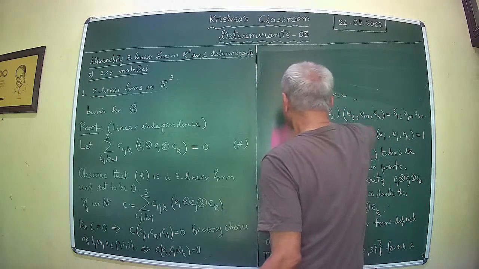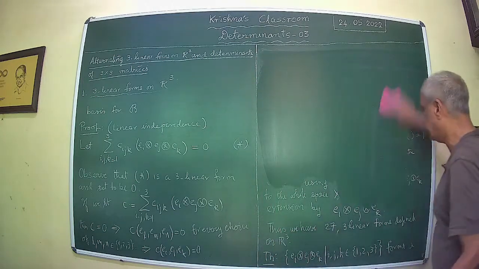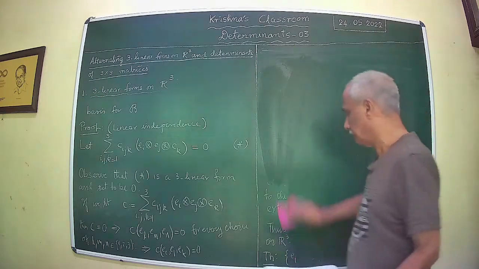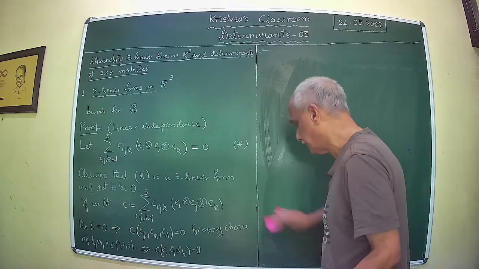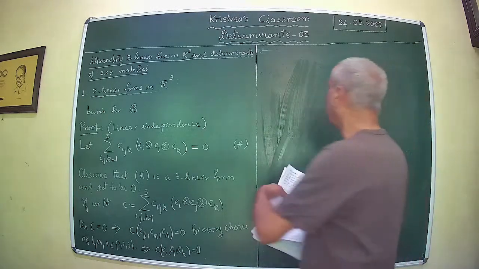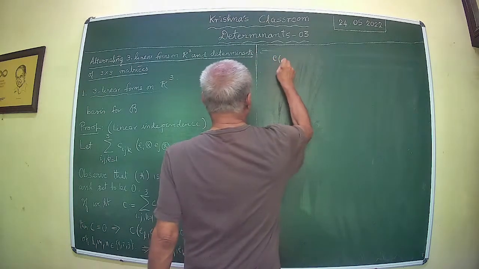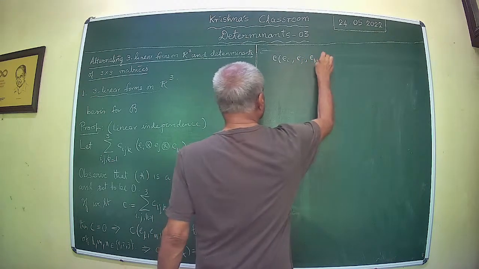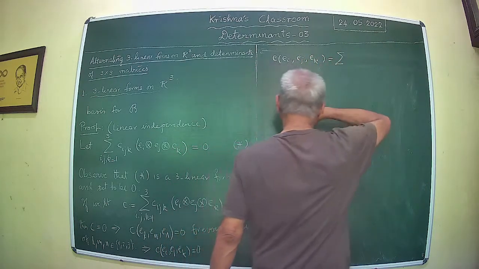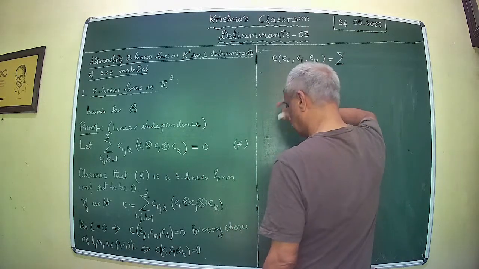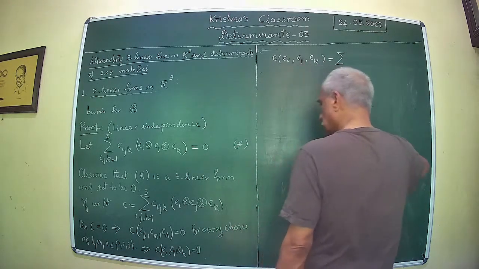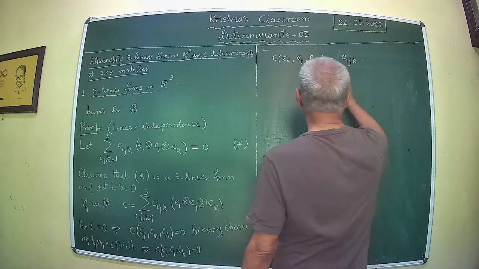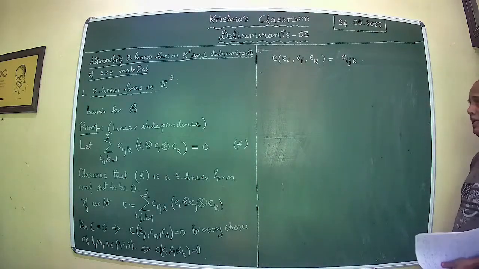C at e_i, e_j, e_k, using the definition of e_i tensor e_j tensor e_k, is c_ijk.